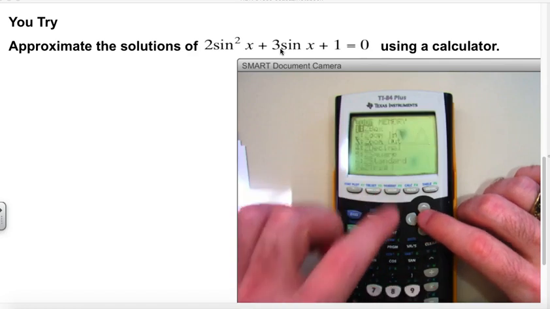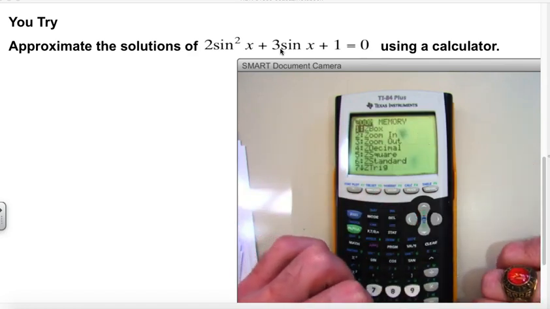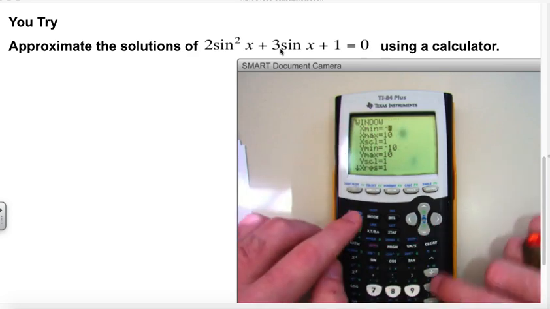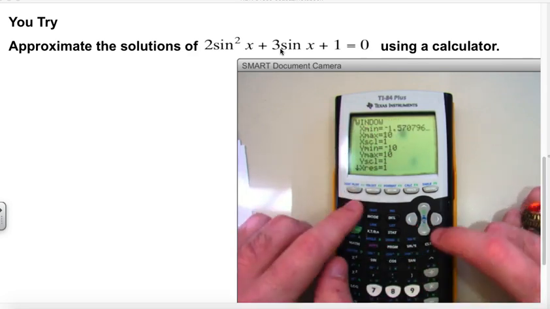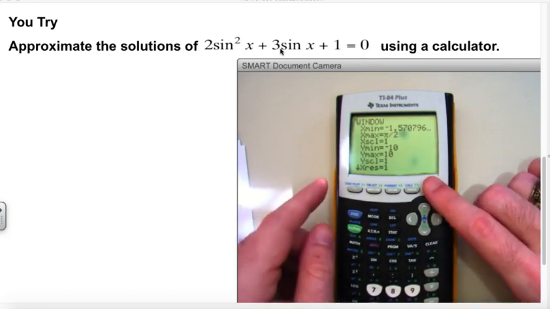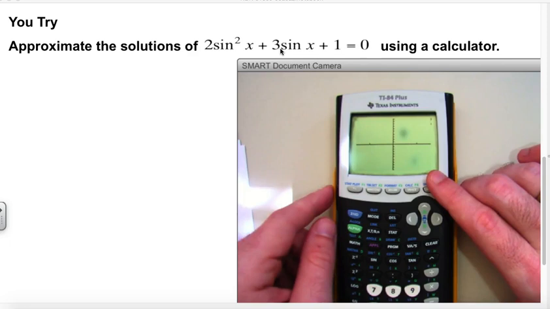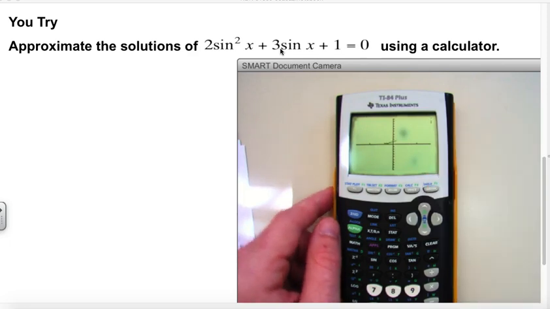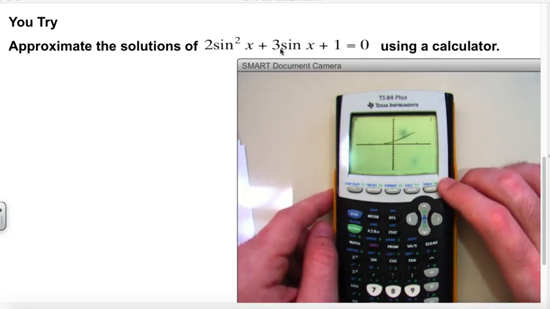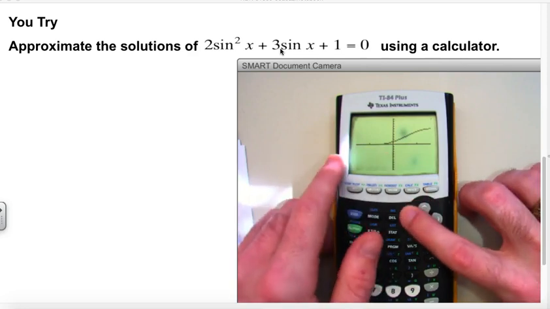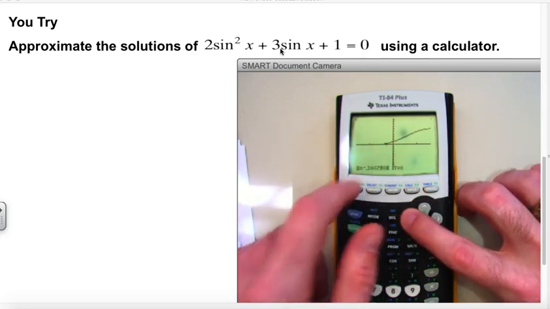All right, so let's zoom in. And you can even change your window on the x-axis to be negative pi over 2 and positive pi over 2. And now the only ones you'll even be able to see are the ones within that range. All right, so looks like we've got it crossing somewhere in this value on the left side of my x-axis.